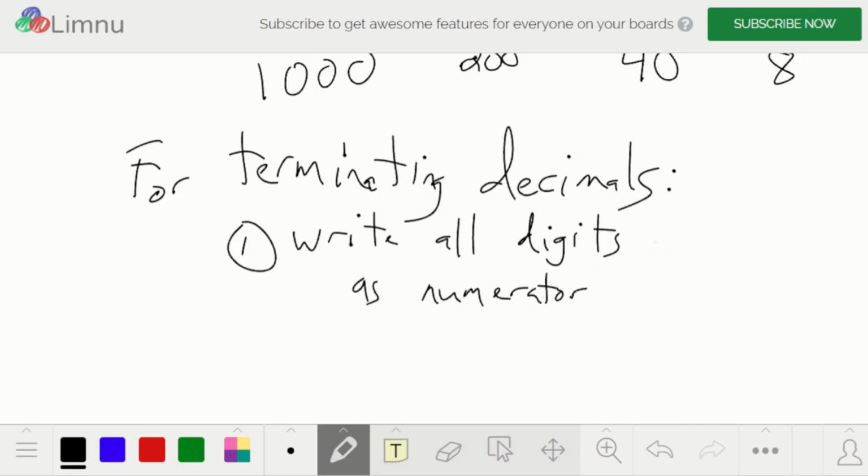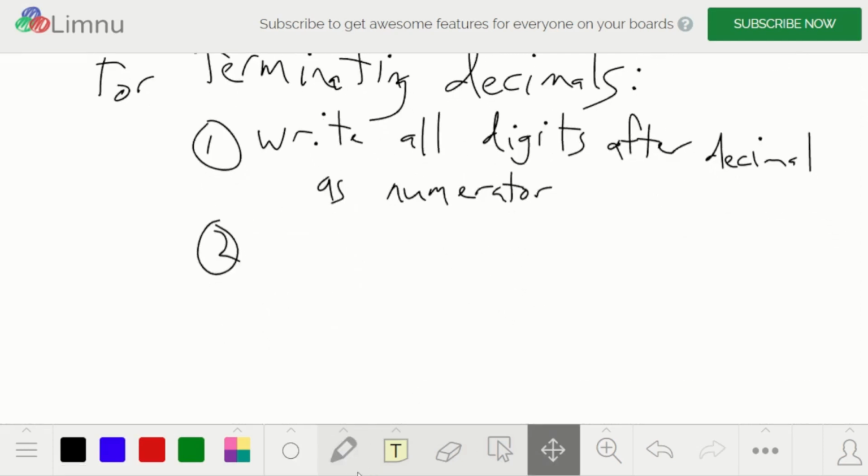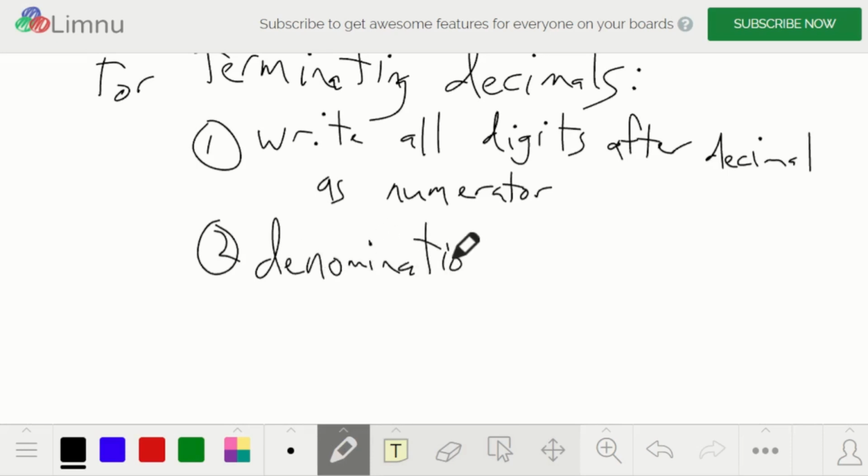And technically it's all digits after the decimal. The denominator, I almost spelled it wrong here.